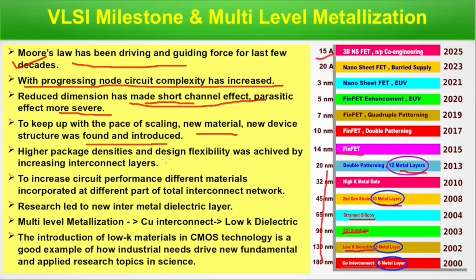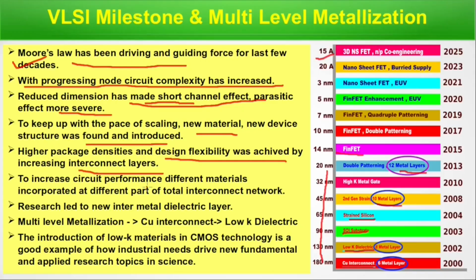Higher package densities and design flexibility were achieved by increasing interconnect layers. With reducing feature size, interconnect layers increased because as the individual device size reduced, within the same chip area, more and more devices could be placed. So package density increased, and to make flexible connectivity, copper has been introduced.